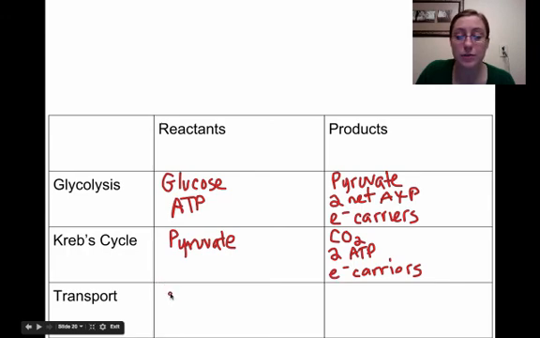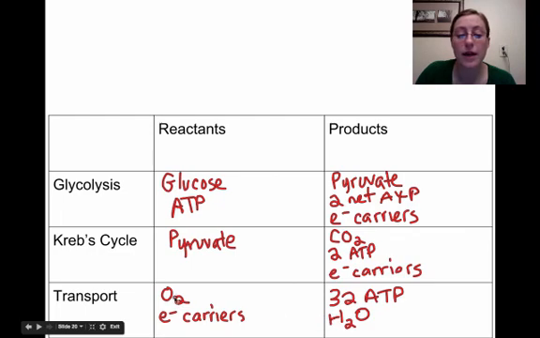When we get to the transport chain, we're going to need to use oxygen, and we're going to need to use those electron carriers. Okay. And what do we make? We make 32 ATP molecules, and we also produce water as a byproduct.